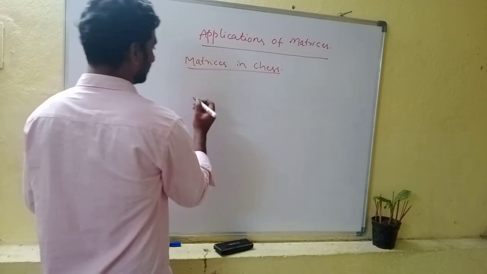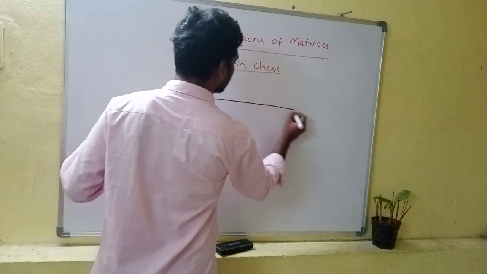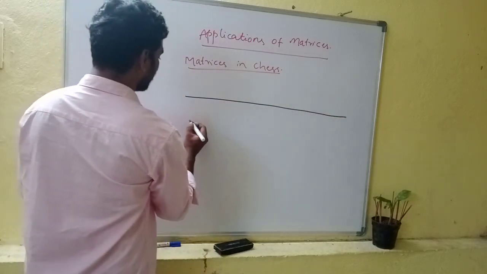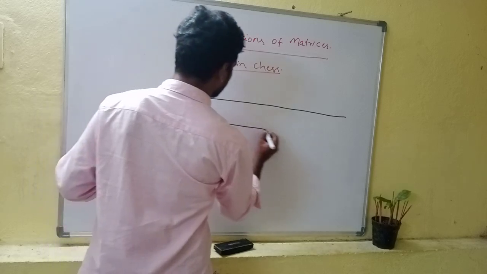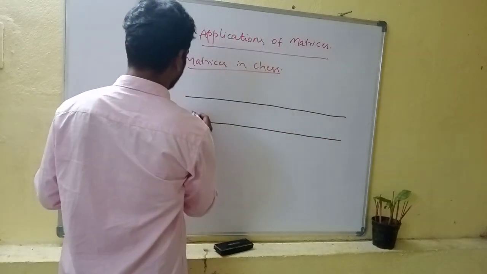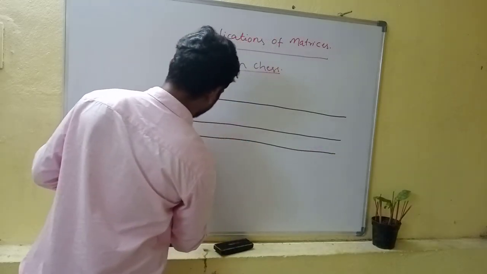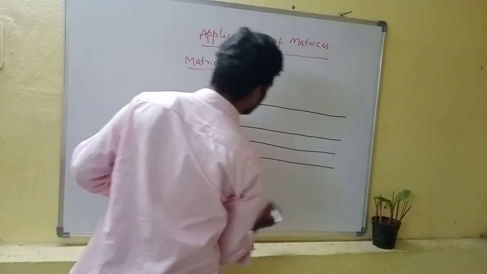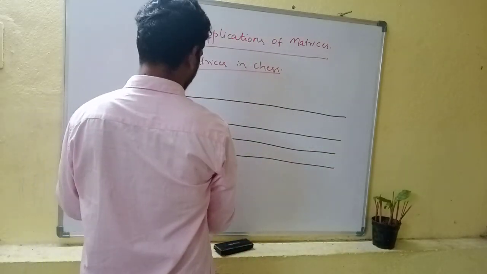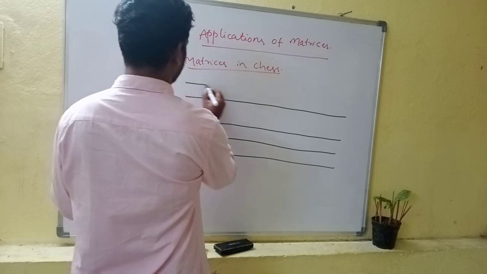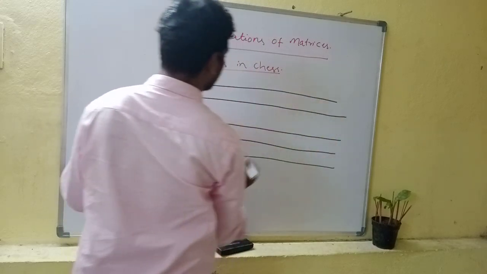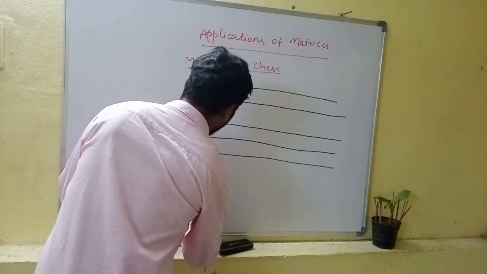In a chessboard, there are 8 horizontal rows. I'm drawing a chessboard here. I'm going to explain here how matrices work in a chessboard.